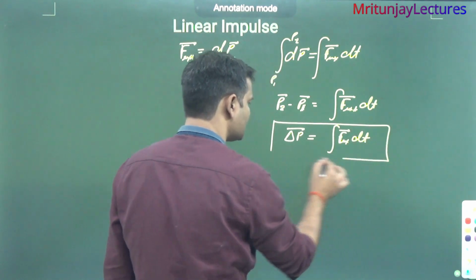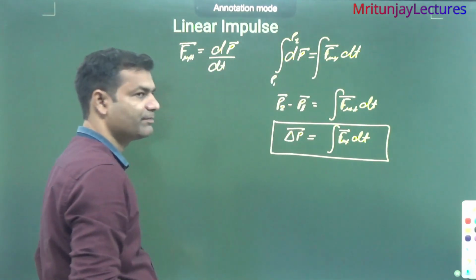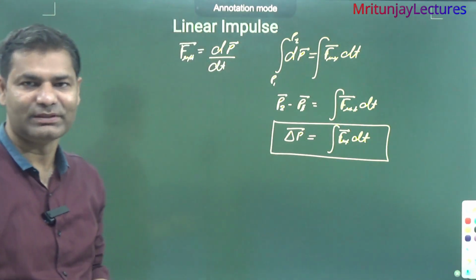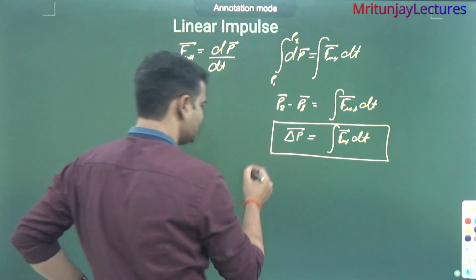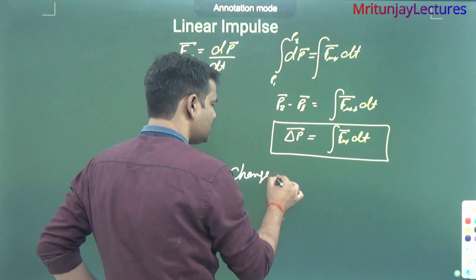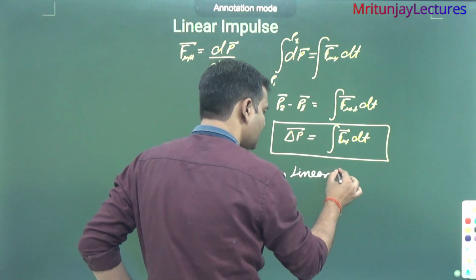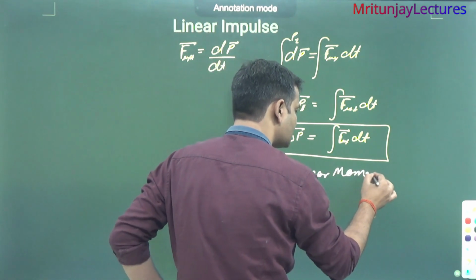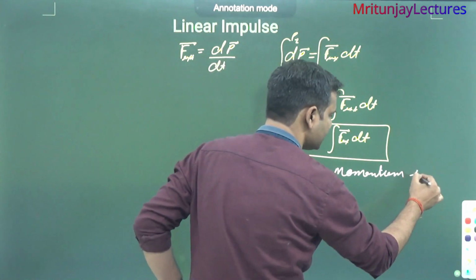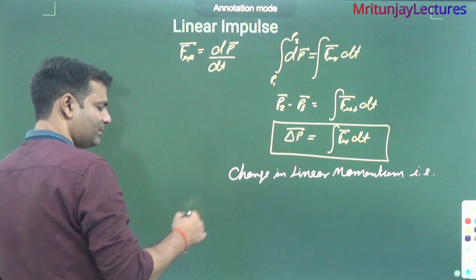So how is this defined? The change in linear momentum is called impulse. Very simple. The change in linear momentum is called impulse.